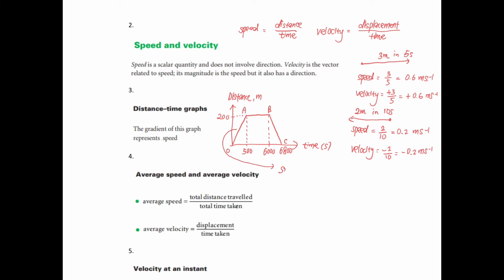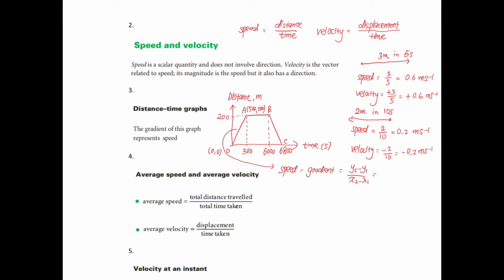So the speed is equal to gradient. To find the gradient, we use the gradient formula like this. Point A has coordinates of 500 and 200. Point O has coordinates 0, 0.